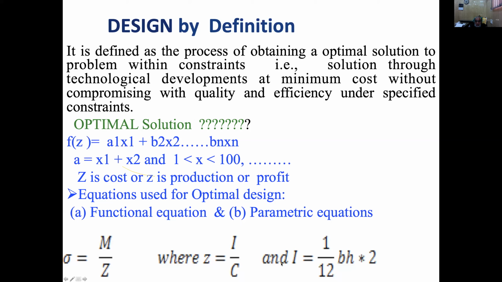The parametric equations are Z = I/c, the section modulus, and I is the moment of inertia given for the beam, which is equal to 1/12 of bh cubed. These are used to obtain the optimal design of machine elements.